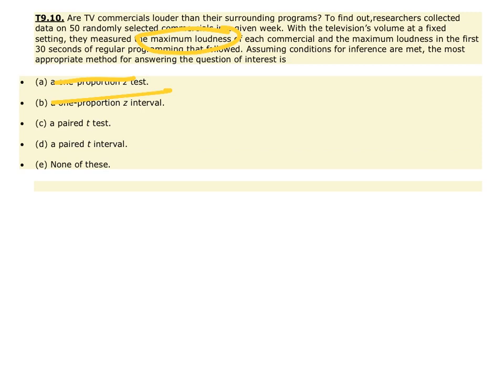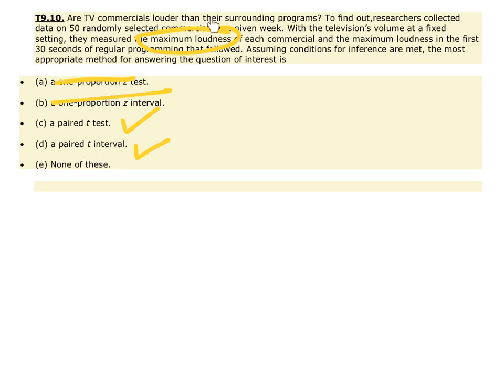Do they want to actually construct a confidence interval or do they want to do a test? Now, what they initially asked in this question, are TV commercials louder than their surrounding programs? They really want the answer to be yes or no. They didn't ask for the range of by how much are they different. If they had asked for a numerical range, like we could actually visually see in an interval, we would maybe do an interval.